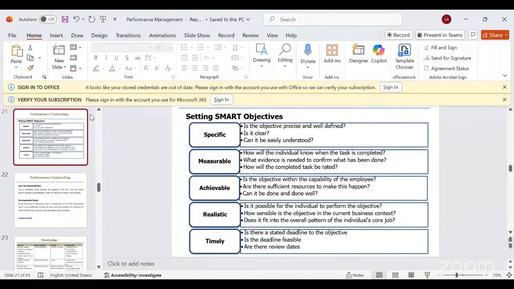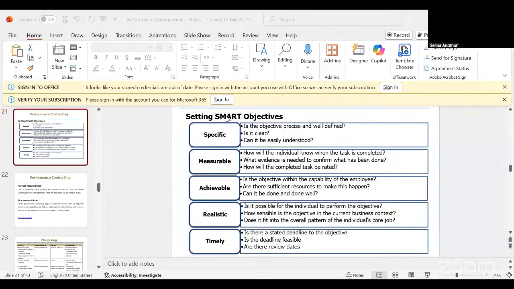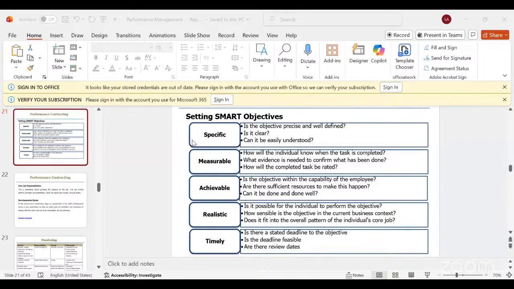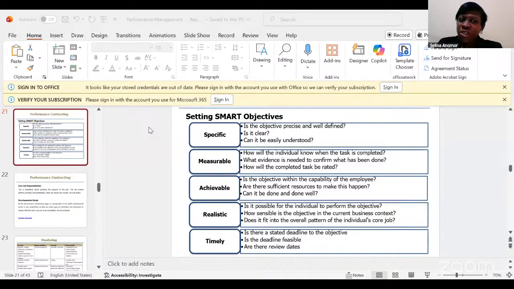To answer that question, as I indicated at the beginning, performance management is an ongoing process. If you say how often should performance management occur? Performance management is an ongoing process.